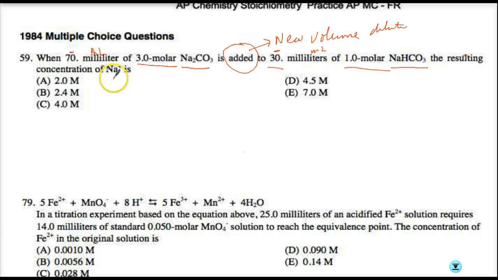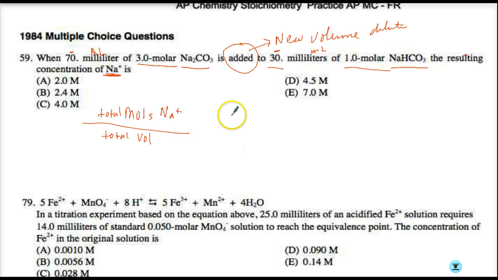What is the resulting sodium ion concentration? So, I need to know total moles of sodium ion, and my total new volume. Okay, so how am I going to get that?